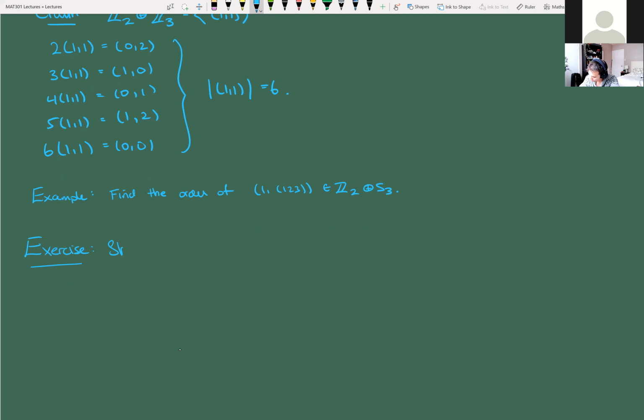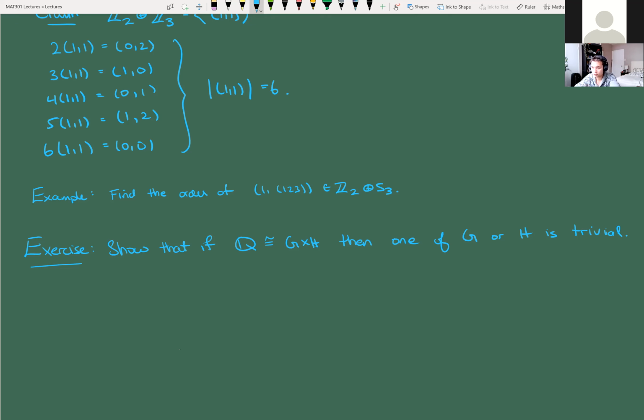So show that if Q is isomorphic to G cross H, then one of G or H is trivial. Namely, that the rationals are not a direct product.